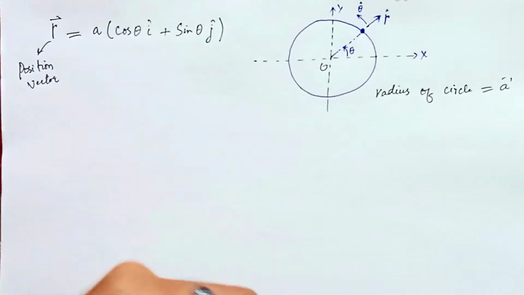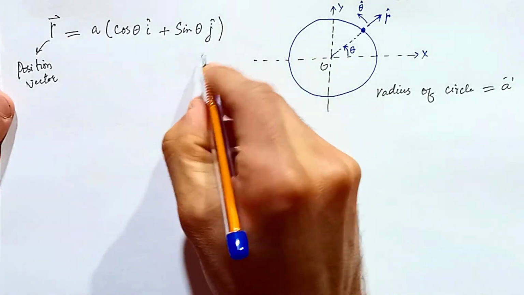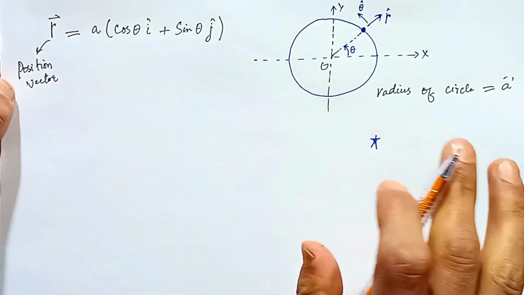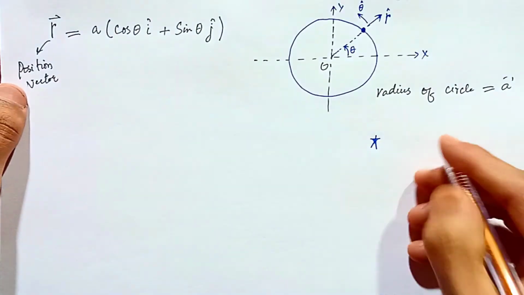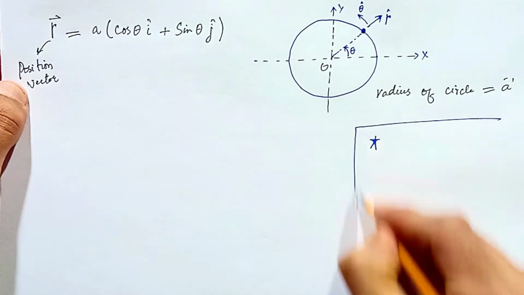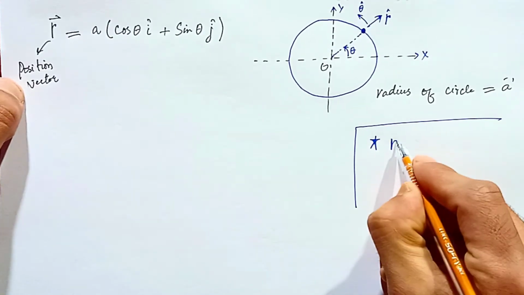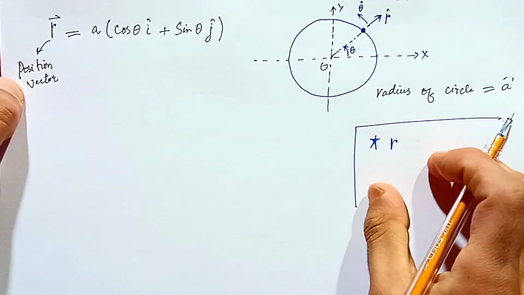So where is it from? It is very simple. You can check it out here. For example, for any vector in the Cartesian coordinate system, how do we write it? Say we are writing R, a position vector here.